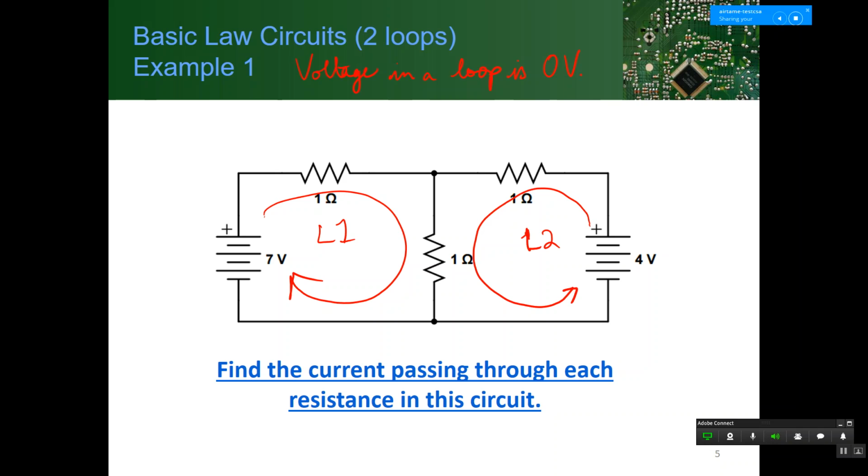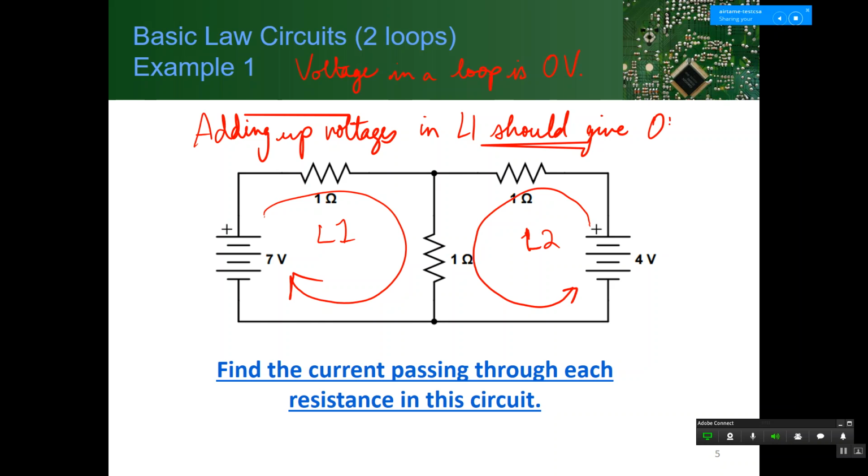That's what Kirchhoff's loop rule is. Okay? So adding up all the voltages in L1 should give 0. And the same thing for loop 2.